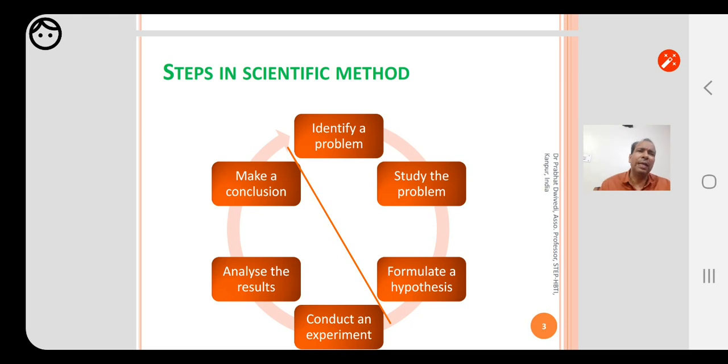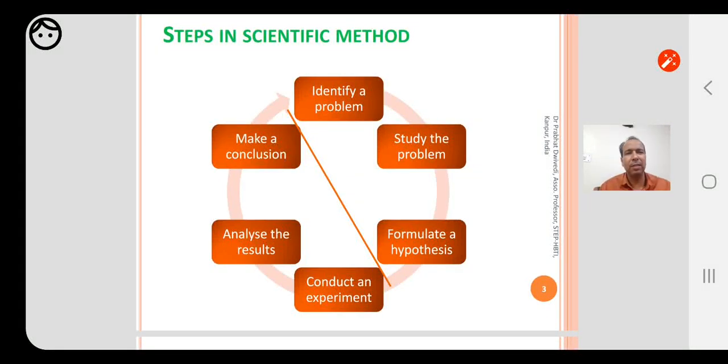Now, the scientific method of hypothesis formulation and testing is comprised of 6 steps. You can see in this diagram that these 6 steps are separated by one line between 3 steps and another 3 steps.